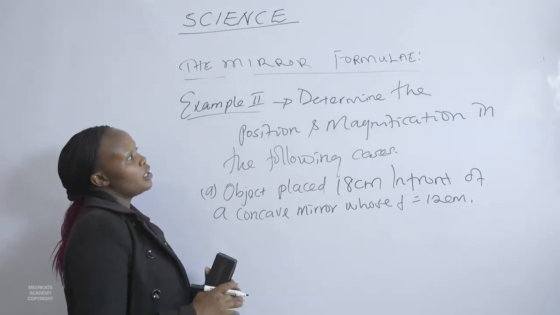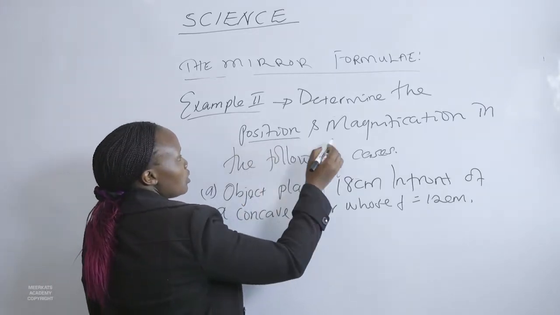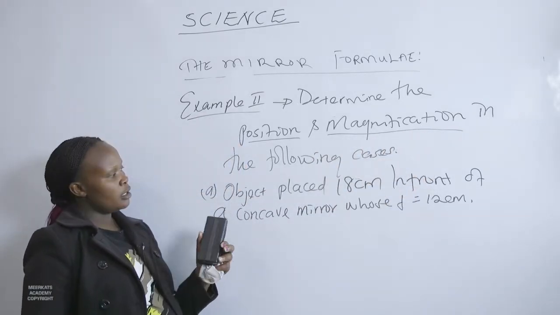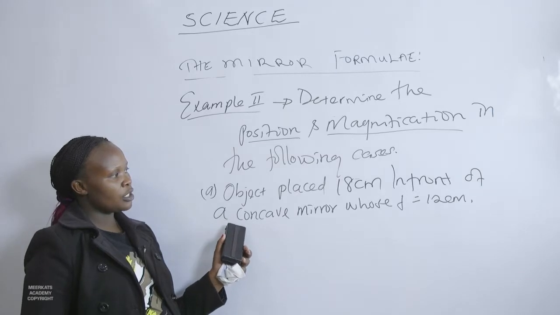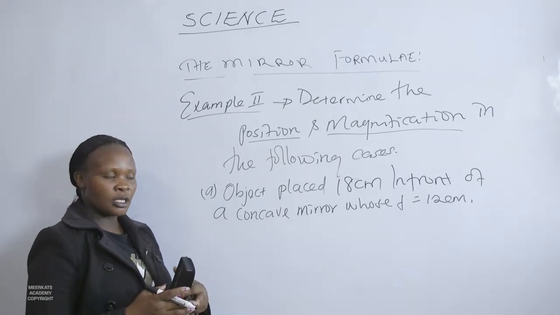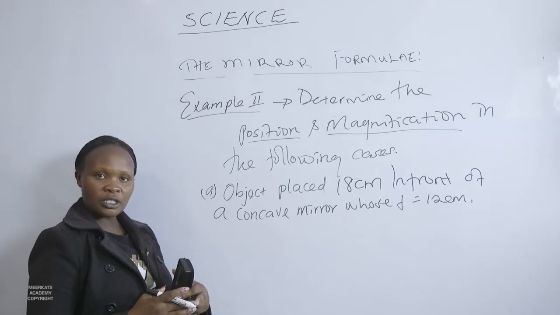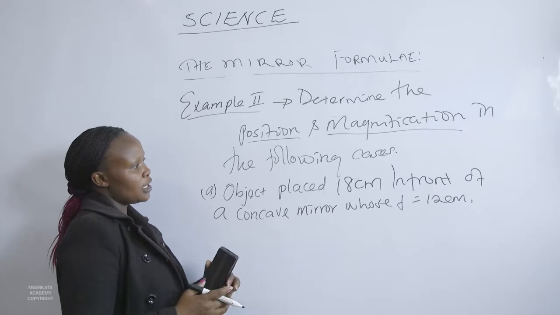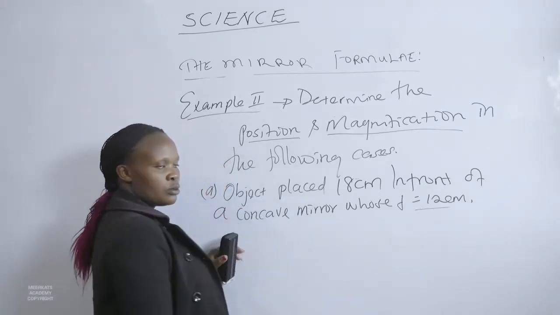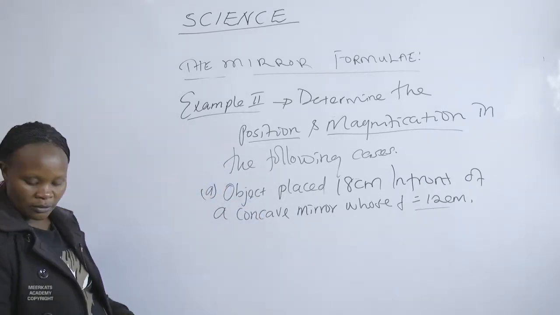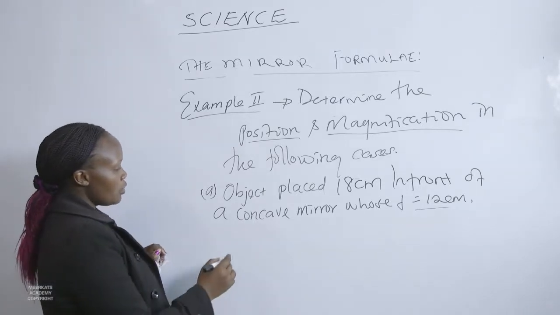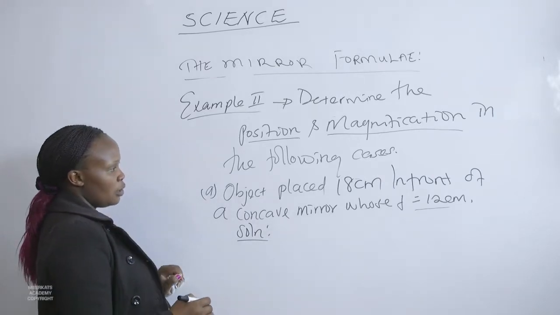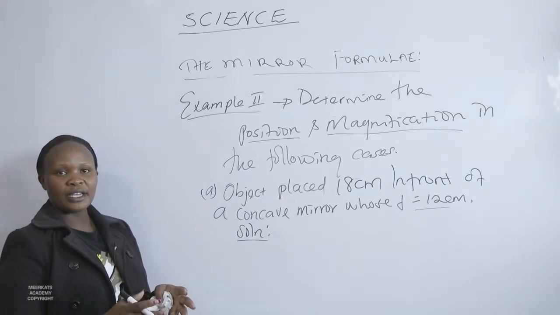In this case, we are supposed to get the position and magnification of an object which is placed 18 centimeters in front of a concave reflector whose focal length is 12 centimeters. Now, to our solution, ask yourself, what does the question provide?